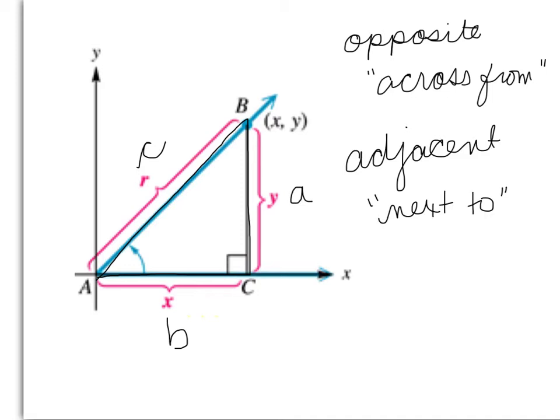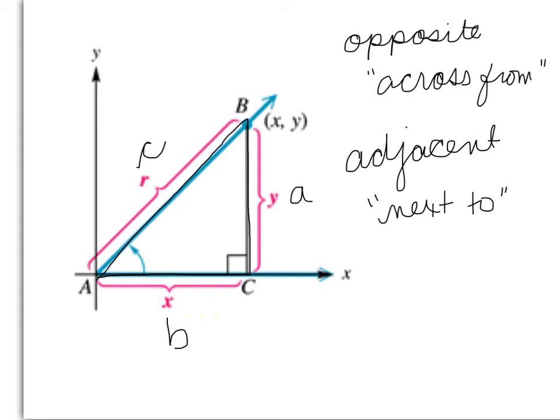We never reference the hypotenuse as being adjacent to either of the acute angles. The hypotenuse is the hypotenuse, that's all it ever is. The right angle is the right angle, that's all it ever is. A and B are the ones that can change. A is opposite angle A, adjacent to angle B. B is opposite angle B, adjacent to angle A.